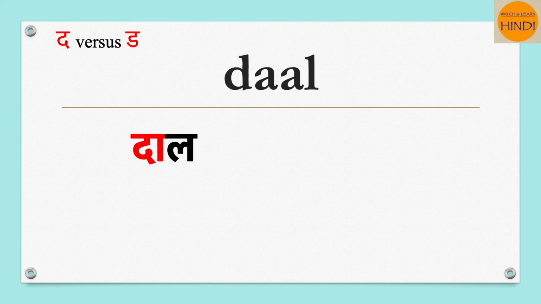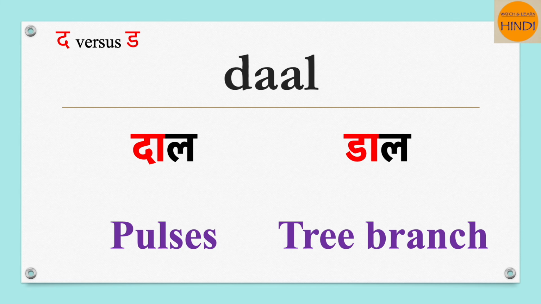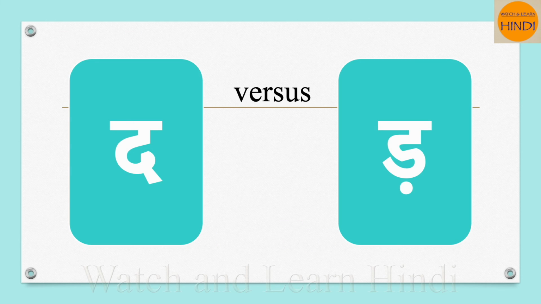This one can be read either as dal or dal. Dal is pulses, as in lentil, and dal is a tree branch. So these were the versus the.